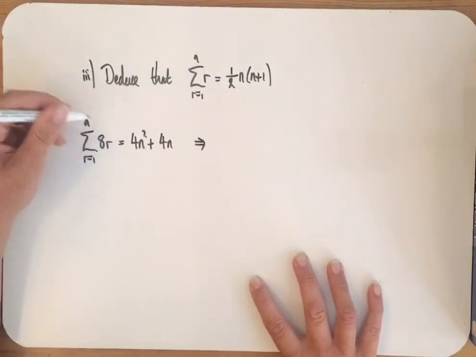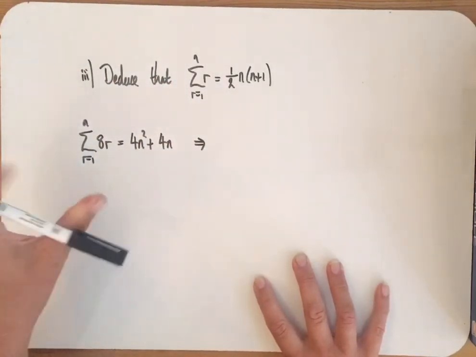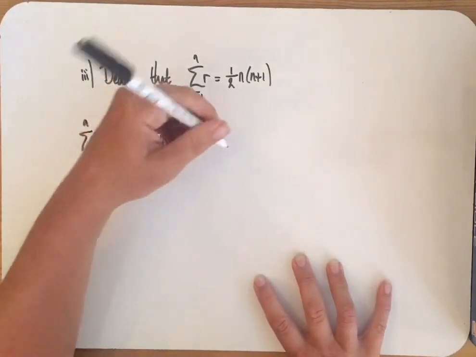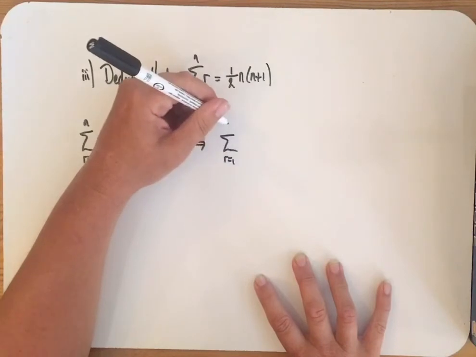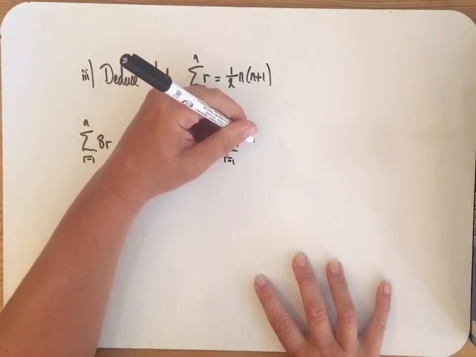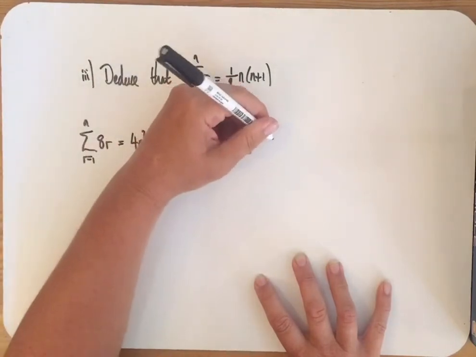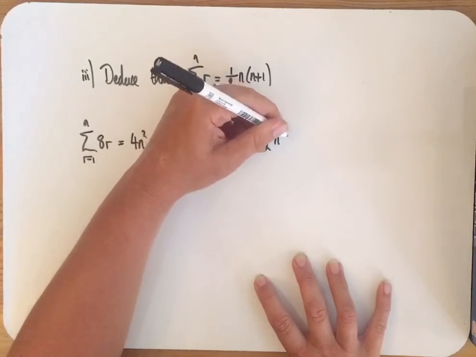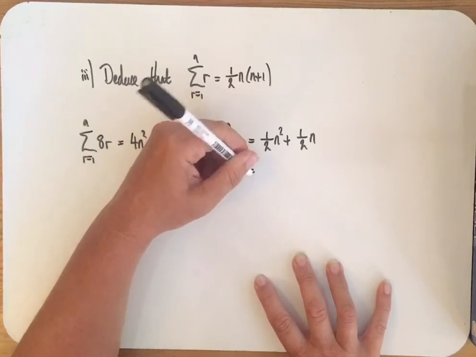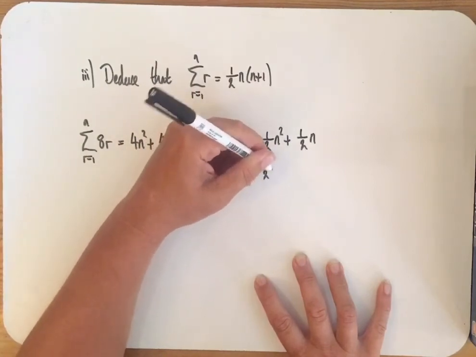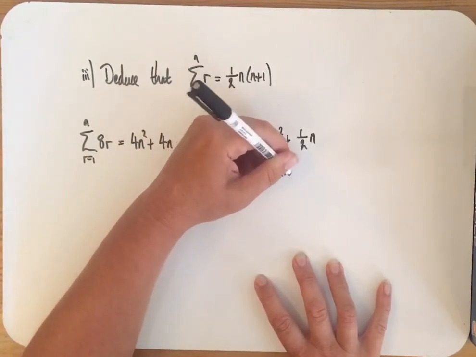So I can pull this 8 out, and then you can divide both sides by 8. So that gives me a half n squared plus a half n, and then obviously we can take a half n out as a factor.